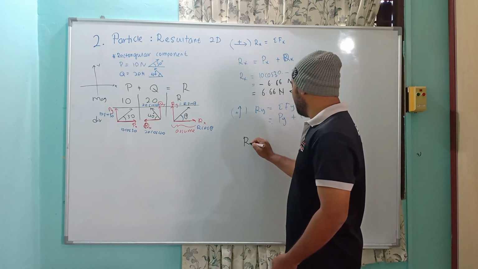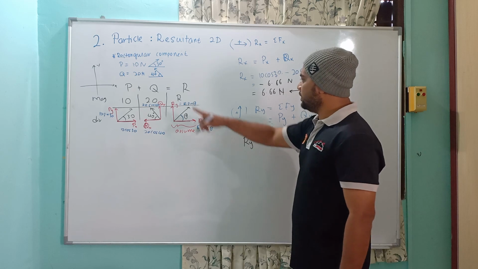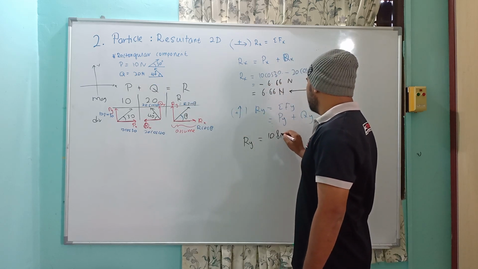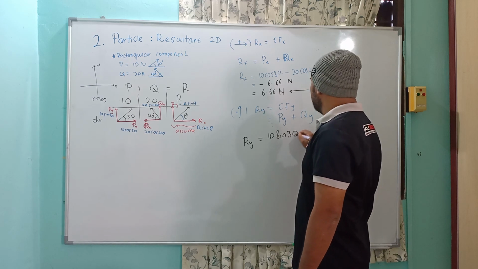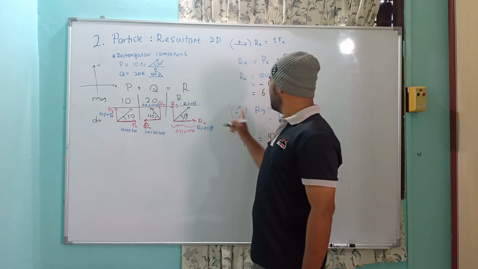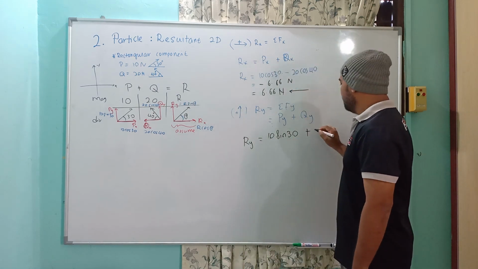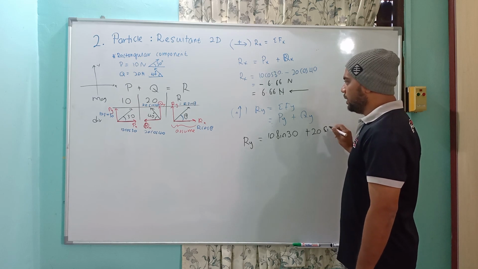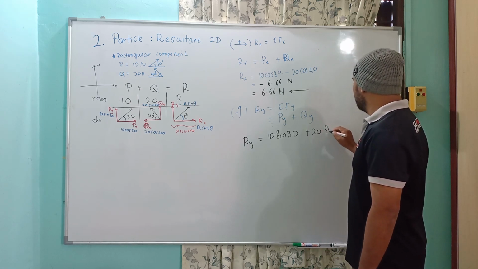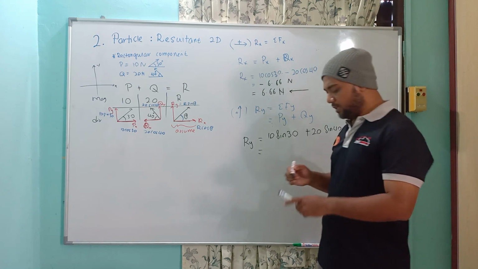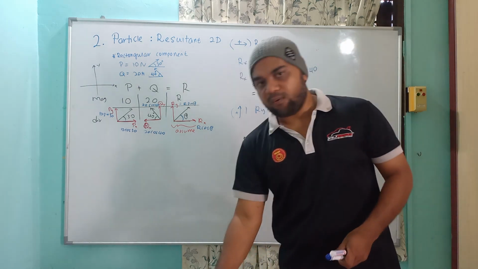So we have Ry equal to Py, Py upward, so positive, 10 sine 30, plus, because the Qy is also upward, same as this one, so also positive, 20 sine 40. So you can add up these to get the Ry.